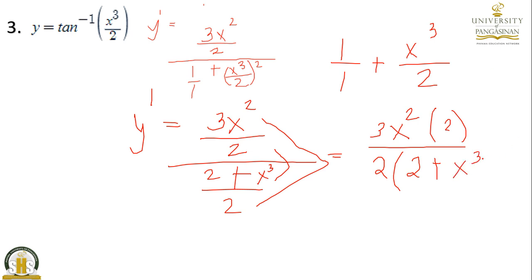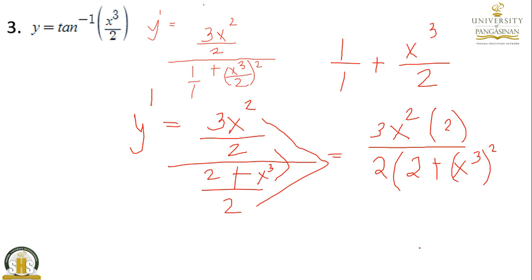Di ba yung x cube natin, meron siyang exponent na 2. Kasi hindi natin nilagay yung exponent na 2, hindi natin siya dinistribute. So, meron siyang x cube all over 2. Sa module ninyo, hindi nilagay yung squared exponent ng 2, so mali yun.